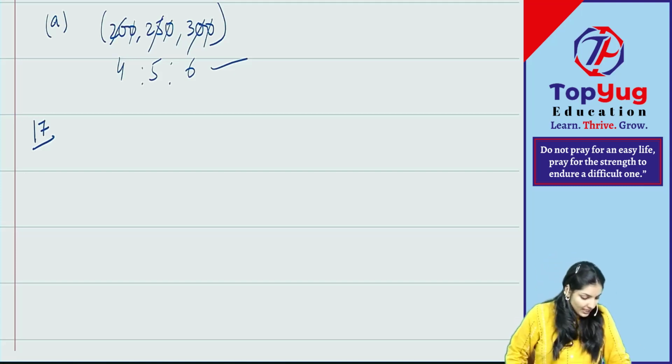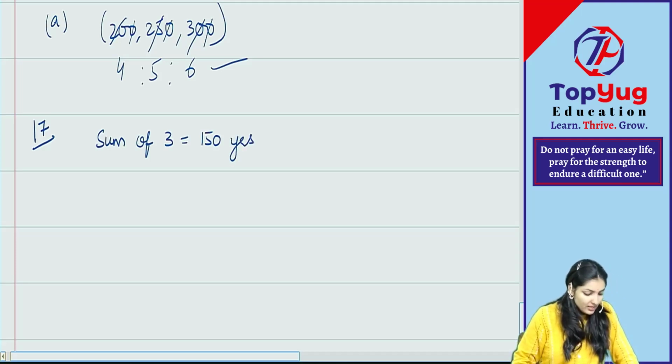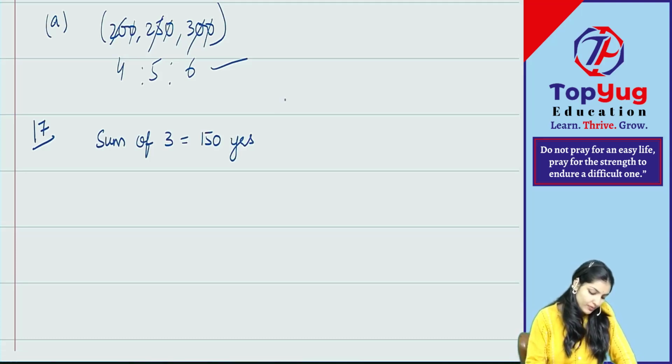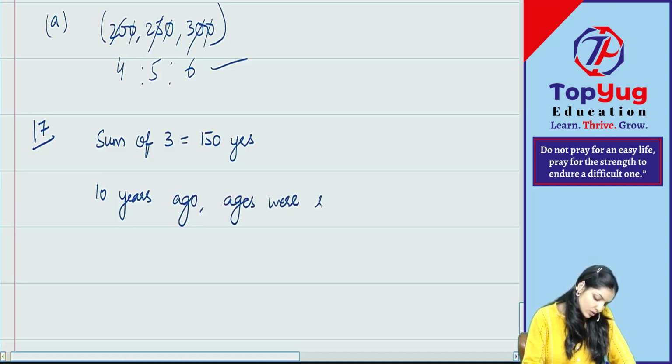Okay? Now 17th one: sum of the ages of 3 persons is 150 years. Now 10 years ago their ages were in the ratio 7:8:9.